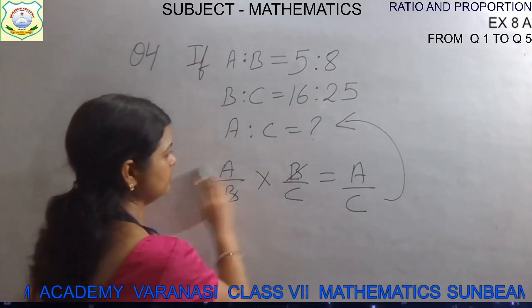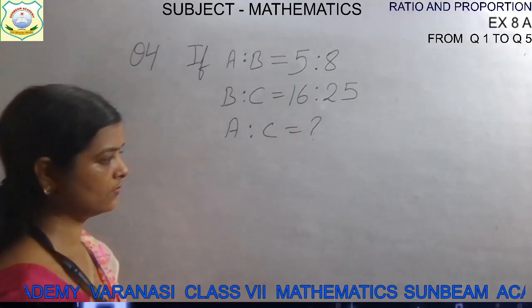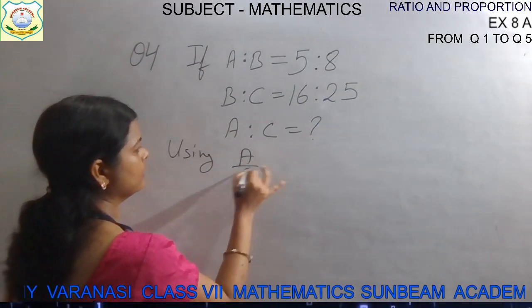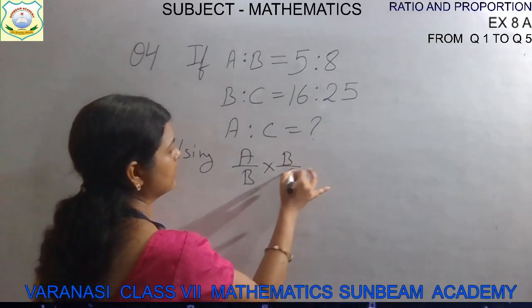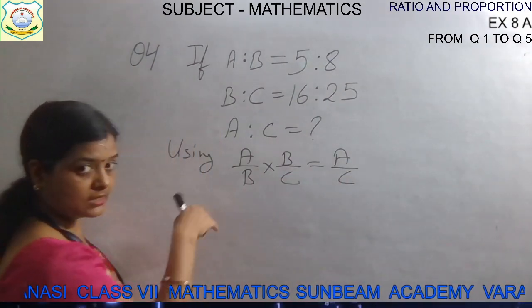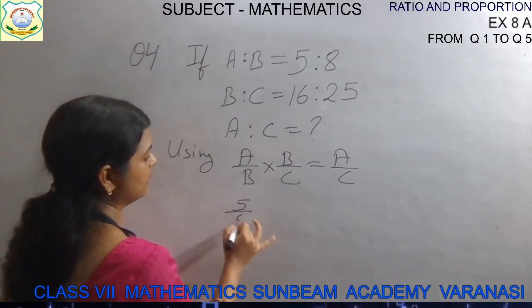So, you can write it as A by B into B by C is equal to A by C. We can use these values. A is to B is 5 by 8. 5 is to 8 means 5 by 8.